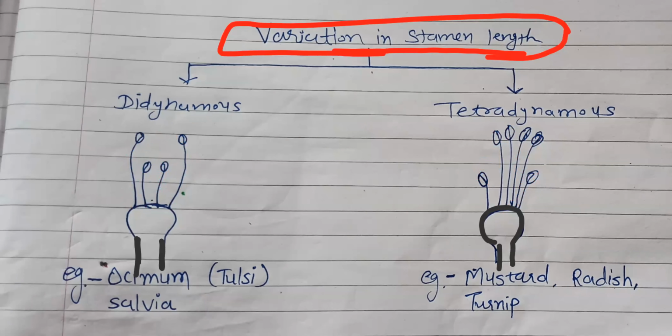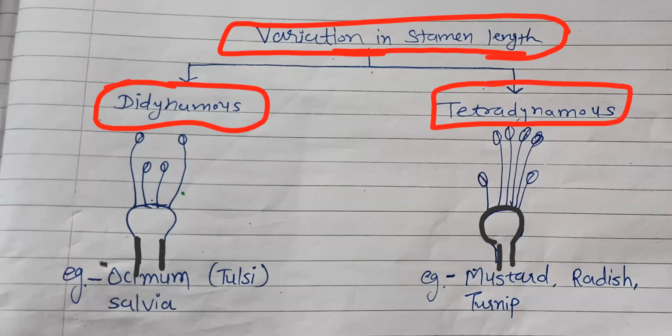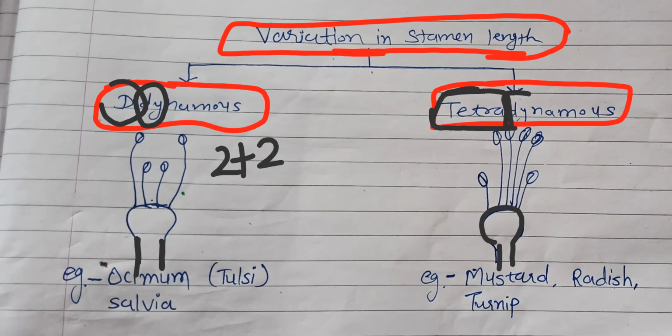On the basis of variation in stamen length, the flower is divided into two: didynamous condition and tetradynamous condition. Didynamous, in that two plus two, so we call it 2+2 arrangement. And in this one is tetra and other is di, so we call it 4+2 arrangement.